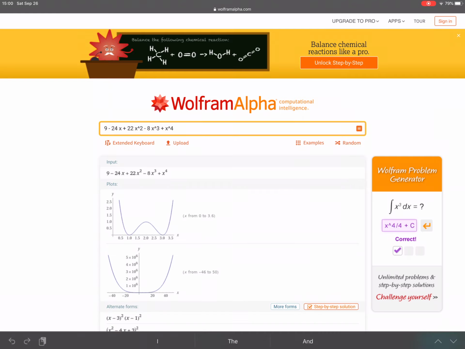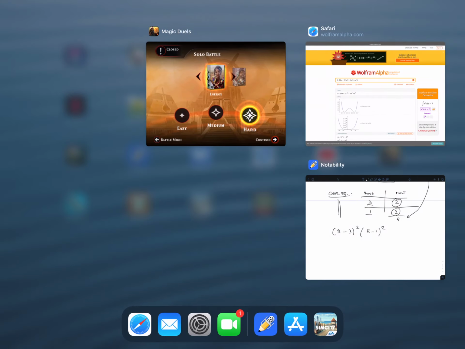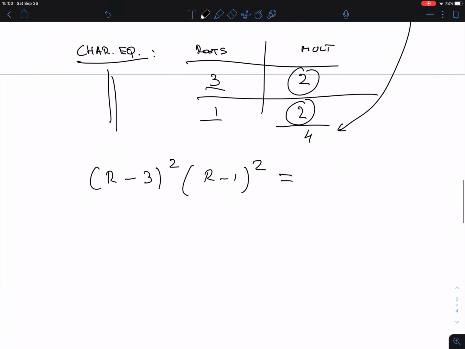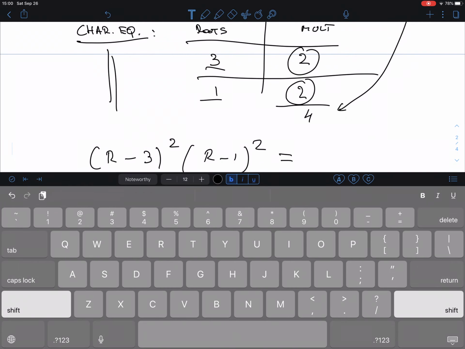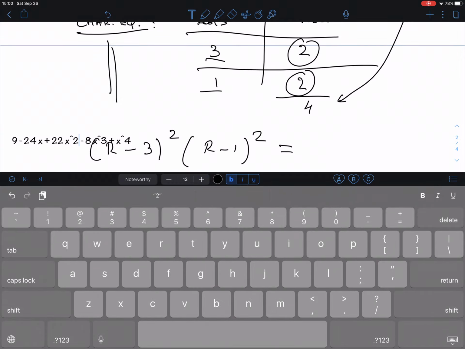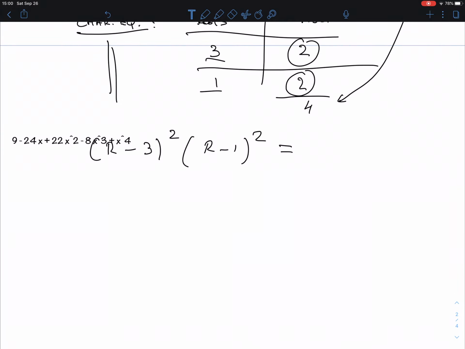Copy. Let's paste it into my notes here. So this is equal to. I guess I have to do it this way. Paste. I cannot move it, but I'm going to copy it here.